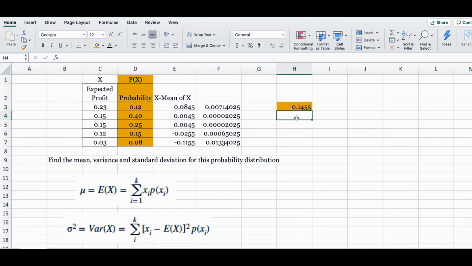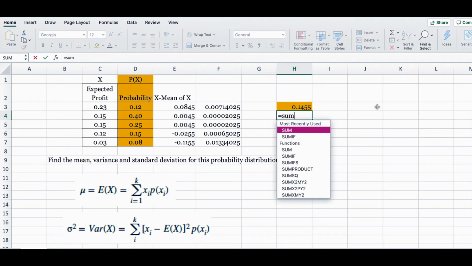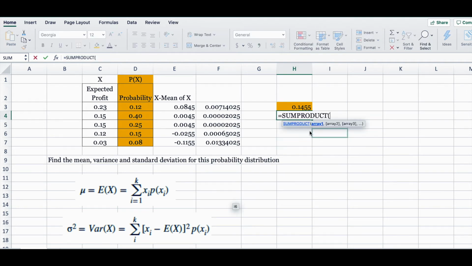Now we can use our SUMPRODUCT function to find our variance. Let's go ahead: equal to SUMPRODUCT. Array 1 will be x minus the mean of x, squared, comma, the probability of x, close bracket.